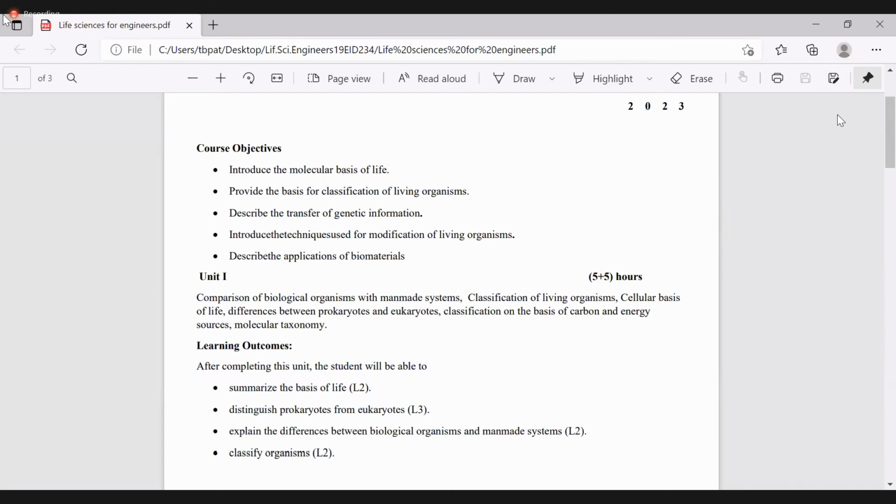And the next is to describe the transfer of genetic information. The genes and gene mutations, and loss of genes means syndrome. Syndromes take place when the gene is damaged, and how it influences.